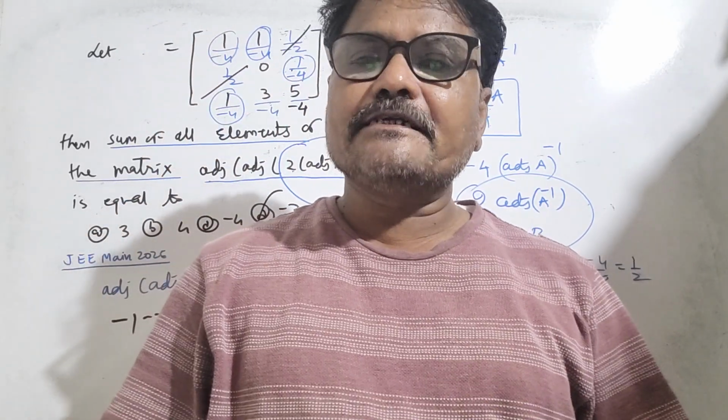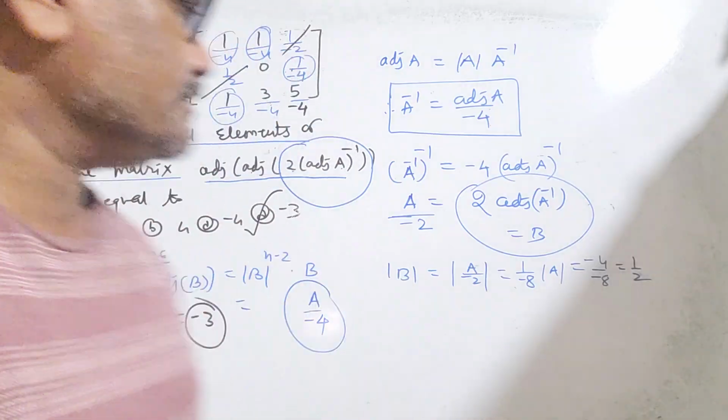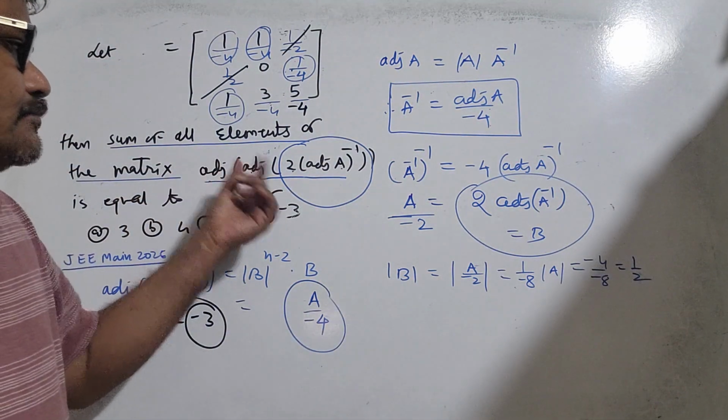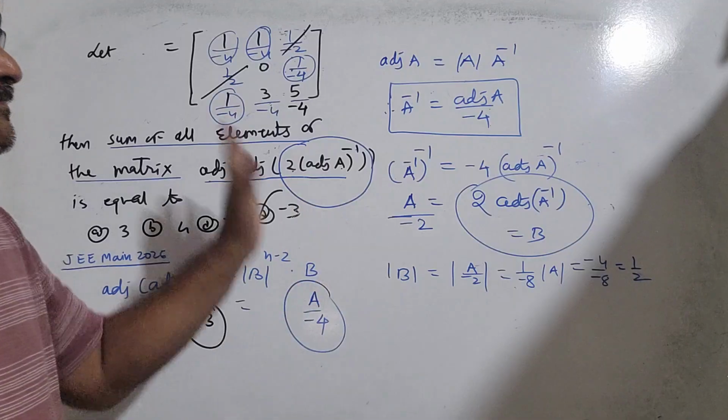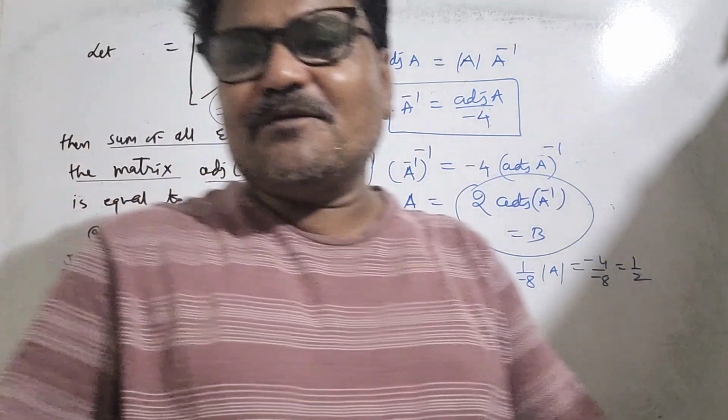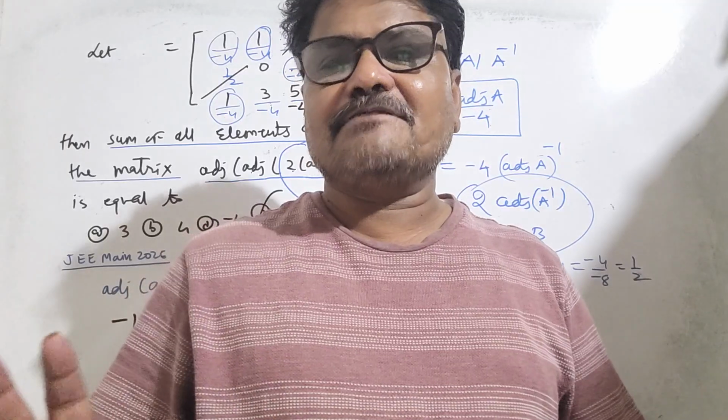On that property they used to ask. But this time in 2026 they have asked adjoint of 2 adjoint of A inverse. And this problem requires all the properties of the matrix.